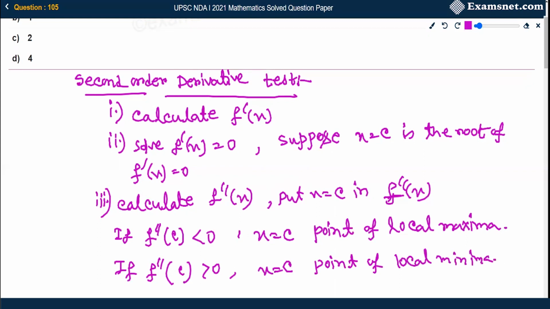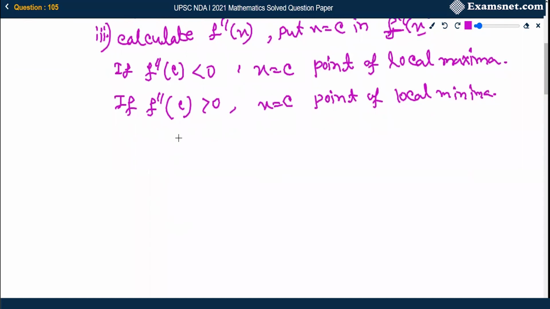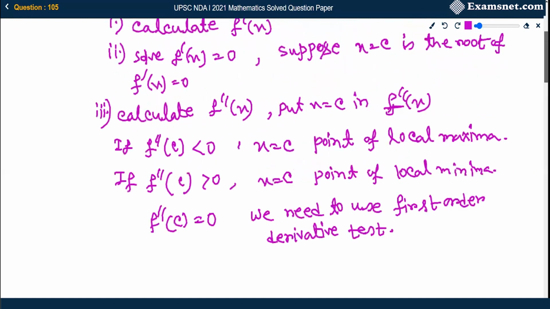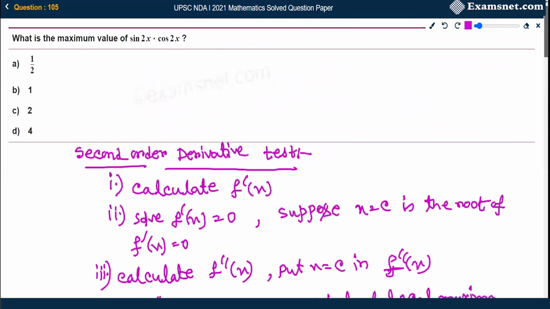And if f double dash c equals 0, then we need to use the first order derivative test. Now let's start with the given function, the product of sine 2x and cos 2x.